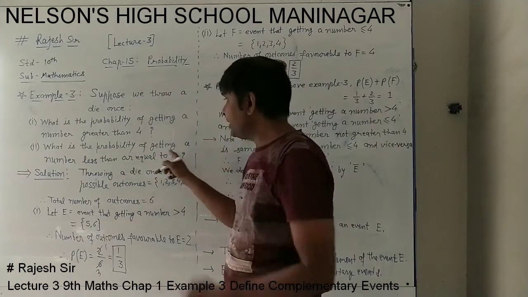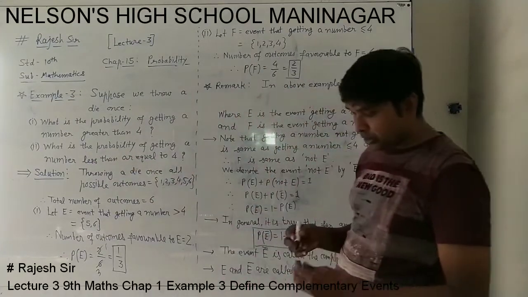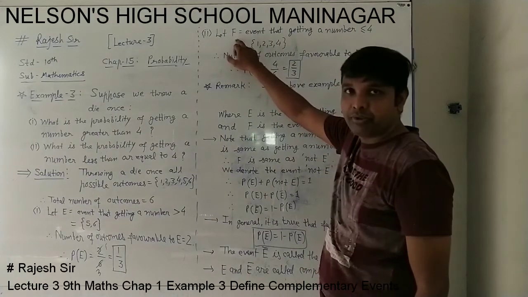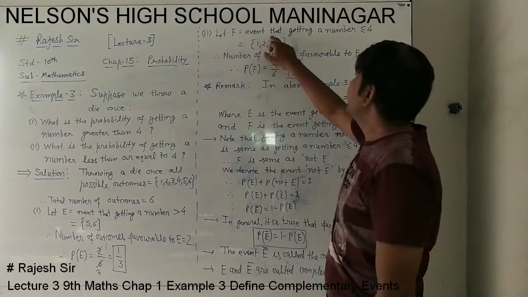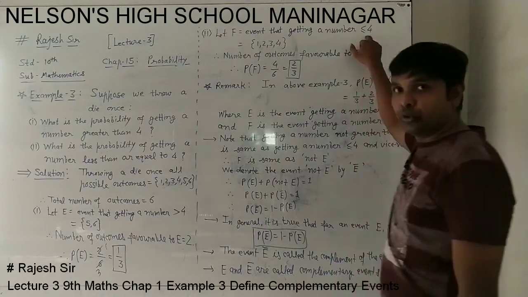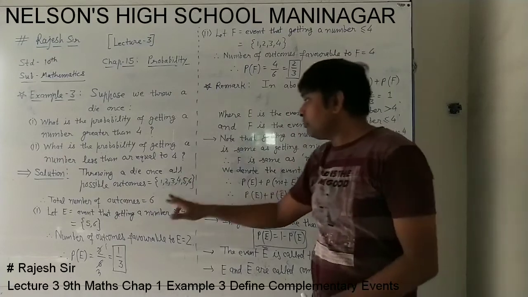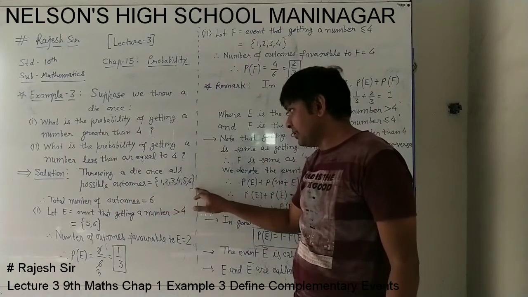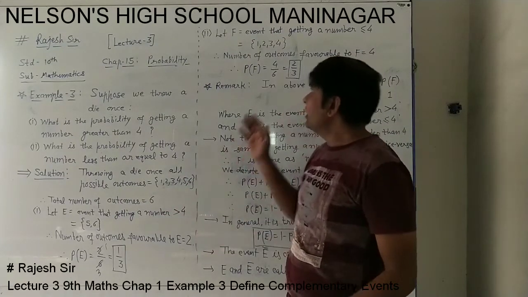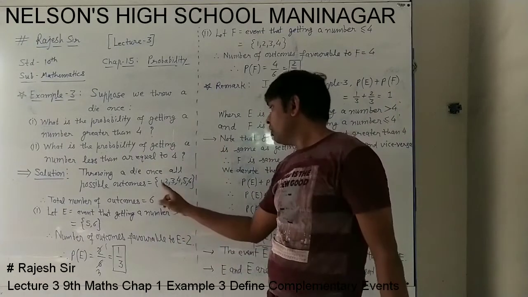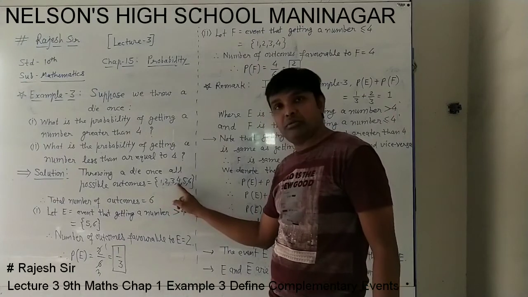Now think about the second part. What is the probability of getting a number less than or equal to 4? For that, let F denote the event of getting a number less than or equal to 4. The total possible outcomes are 1, 2, 3, 4, 5, 6. In this, the numbers less than or equal to 4 are 1, 2, 3 and 4.